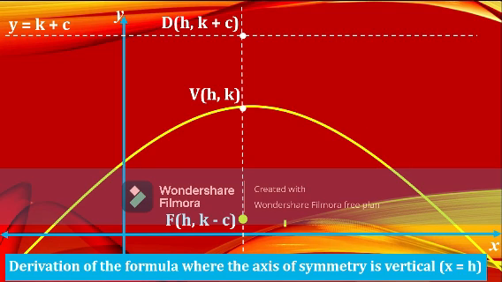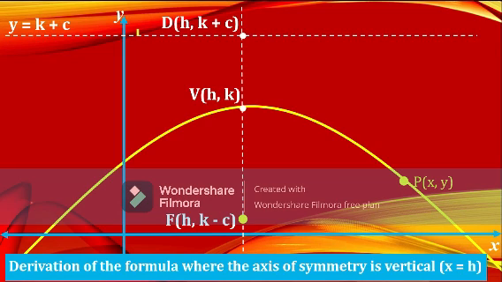So always remember the focus is always inside the parabola and the directrix is always outside the parabola. Now considering this one, you have the focus is (h, k minus c), the vertex is (h, k), and of course the directrix would be (h, k plus c). And the directrix has an equation y is equal to k plus c.